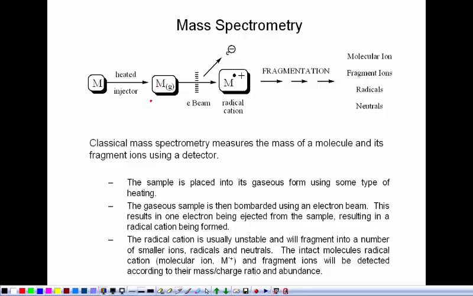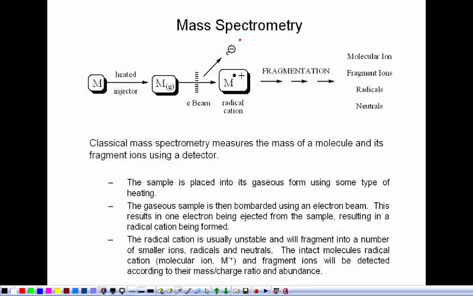Then once we get it into the gas phase, the molecules get hit by an electron beam. So there's just a beam of electrons that flows basically perpendicular to where the molecules are flowing, and by collision, the molecule loses an electron. So just the collision of one electron with the molecule kicks out another electron.